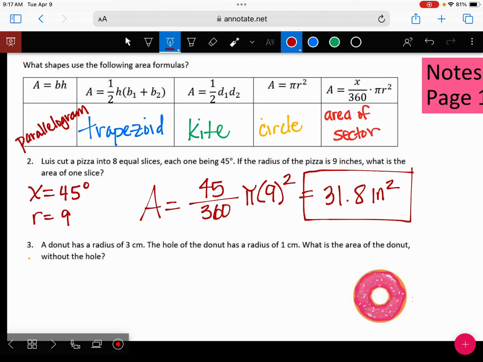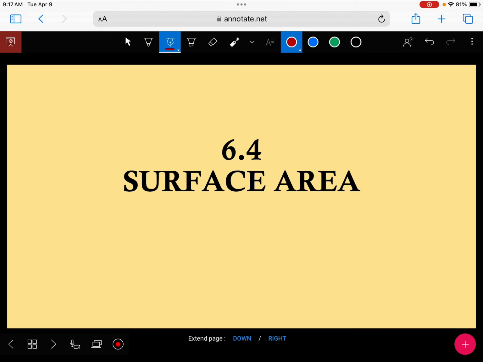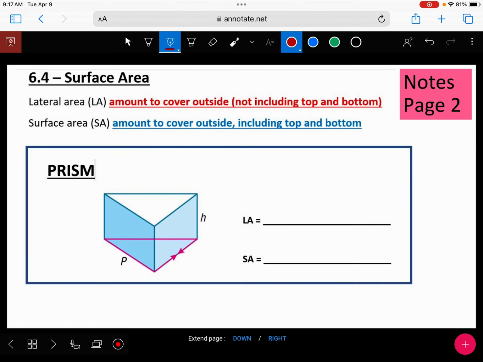The first thing we need to identify are the 2 different types of area. So 6.4 is all about surface area. So take a minute and copy these 2 definitions down at the top of page 2, because this is really, really important. When we talk about lateral area, that's the amount it takes to cover the outside.